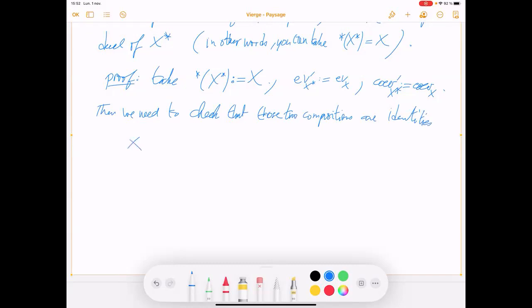So I will write the first and the second will be the same. So you start from X star, you have identity of X star tensor co-evaluation prime of X star, X star tensor star X star.